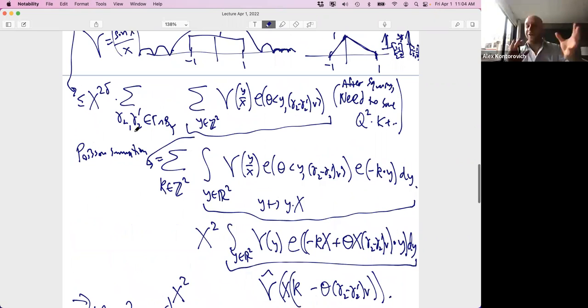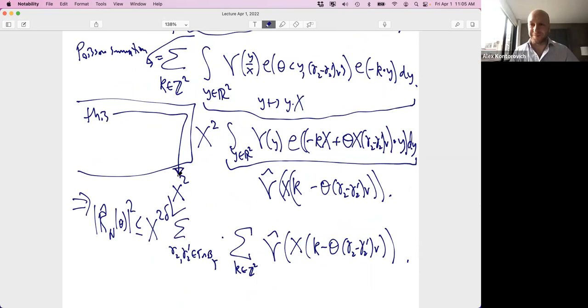How near will depend on how well we treat this error term, this minor arcs analysis. Okay, so far so good.